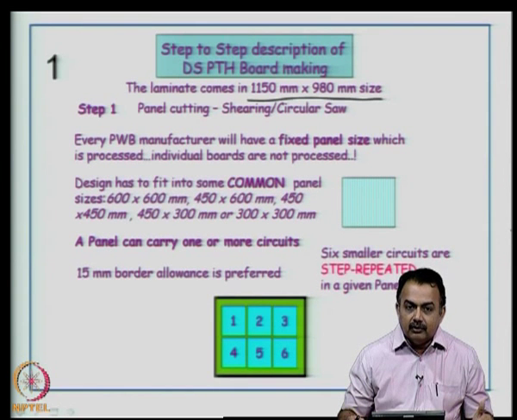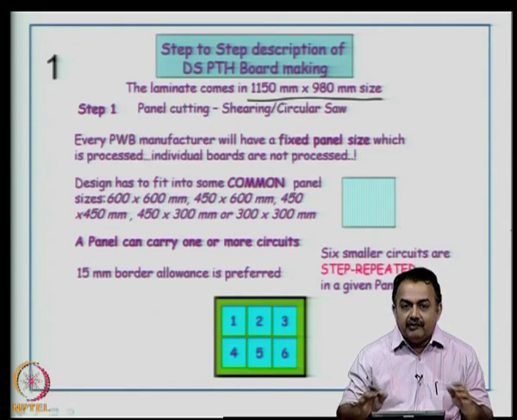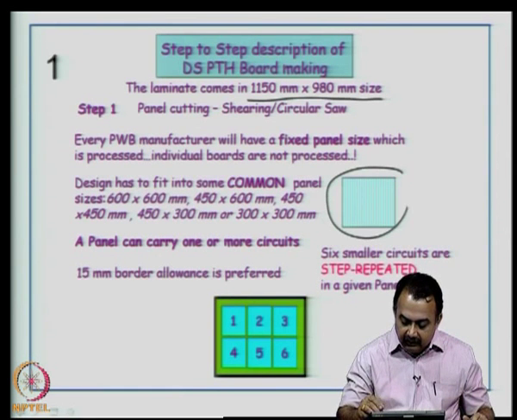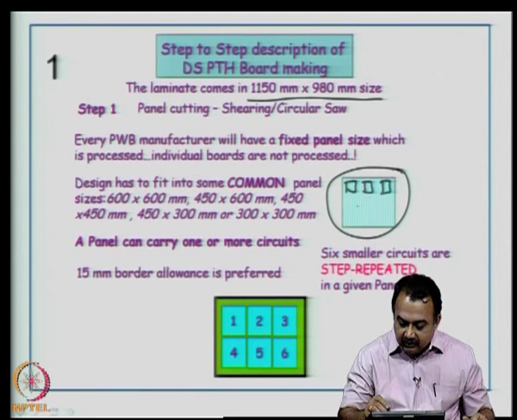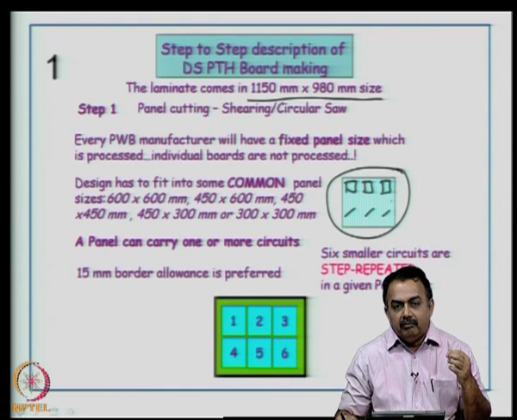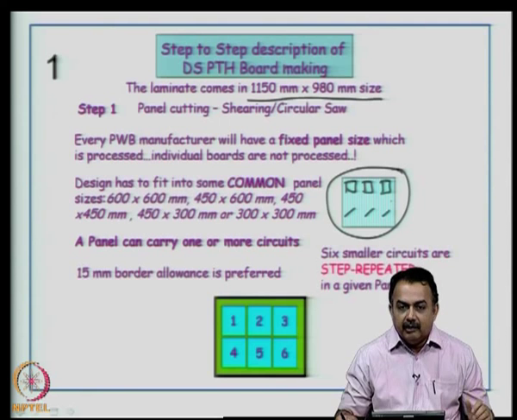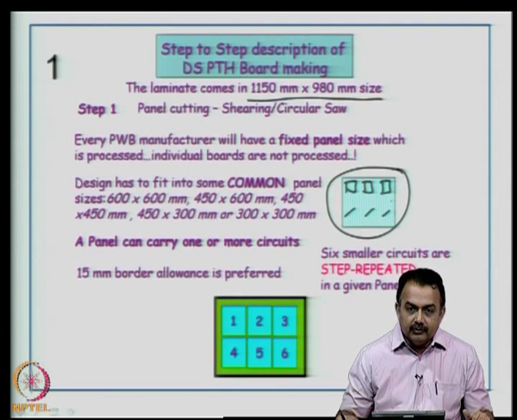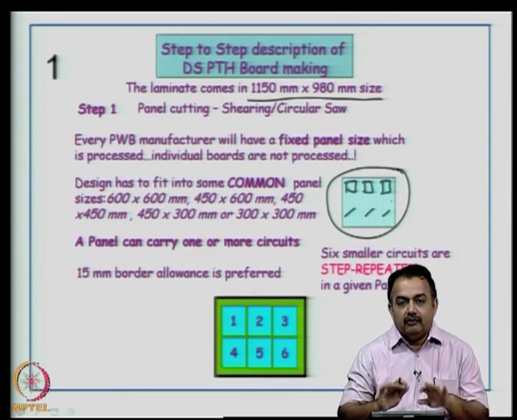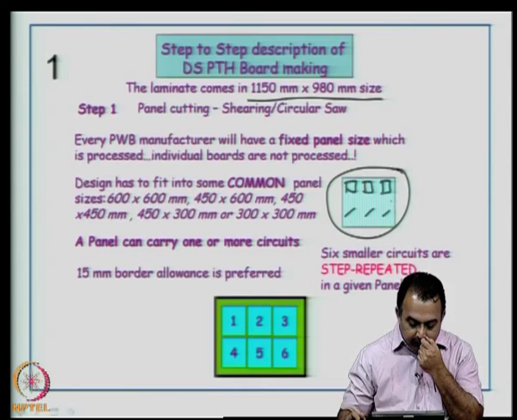Now, individual boards, if they are very small, will have to be fitted in this panel. So, if this is the panel area, then you have to fit the individual board designs into these areas, so that you can maximize the FR4 laminate material. You can reduce the wastage. You need to give clearance though, but then you can reduce the wastage based on very good floor planning for your panel process.